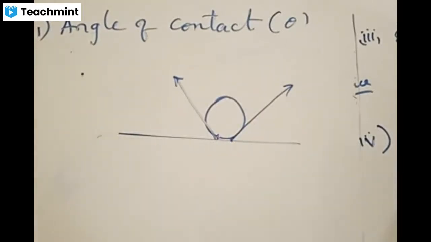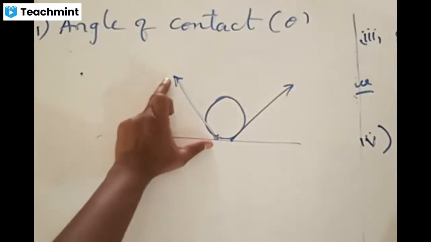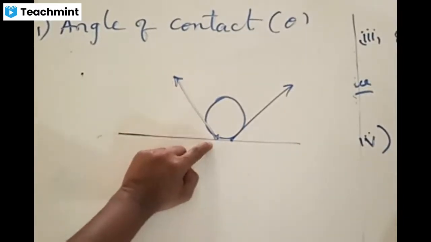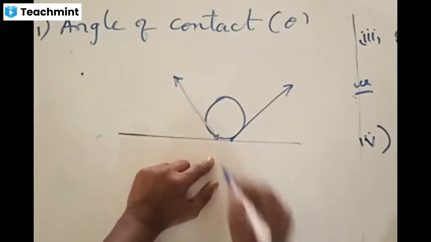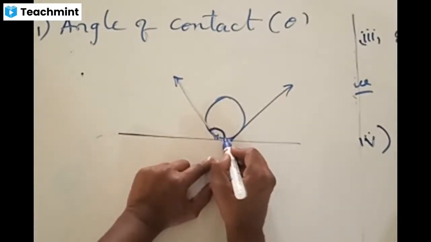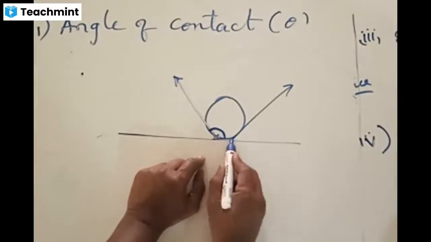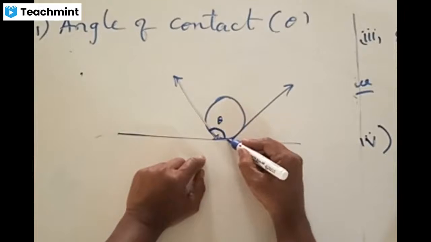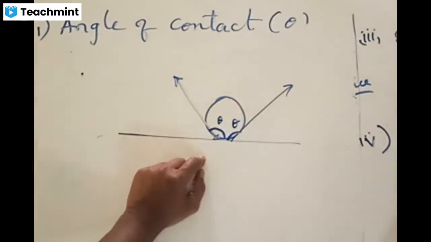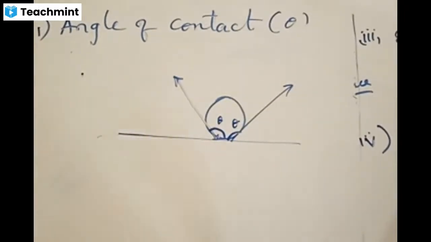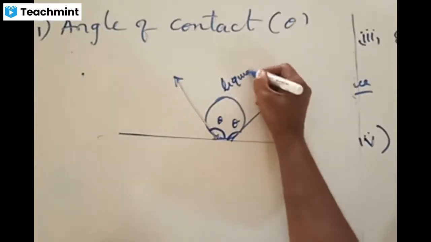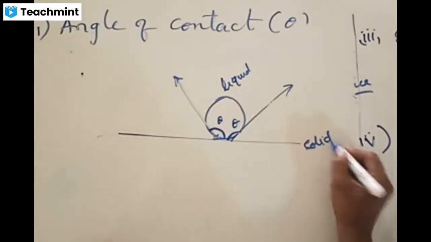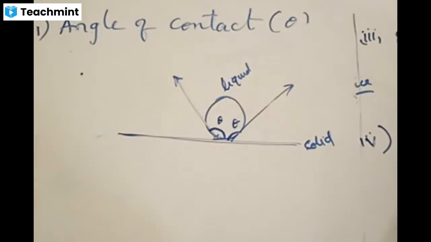Angle of contact is the angle made by the tangent drawn at the point of contact of the liquid-solid interface and taken inside that liquid onto the solid surface. There are two angles of contact at two sides of the liquid. This is liquid and this is solid. This line is called the solid-liquid interface. Is this concept clear? Angle of contact?